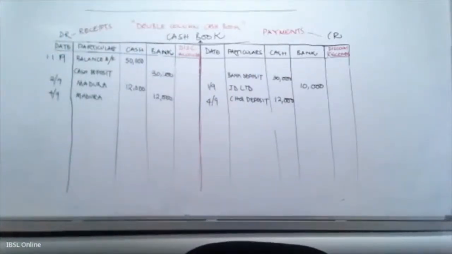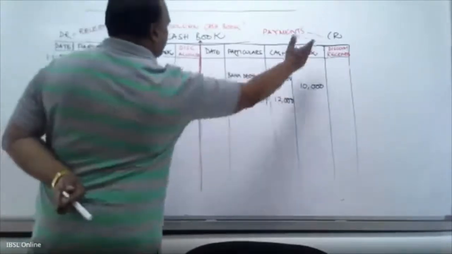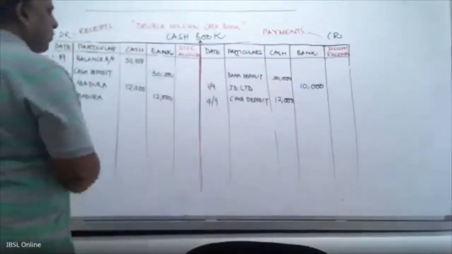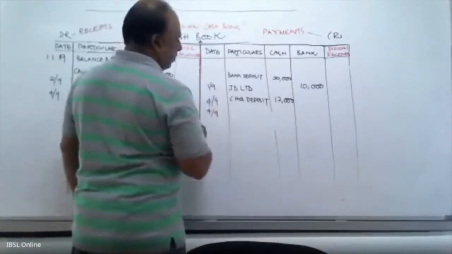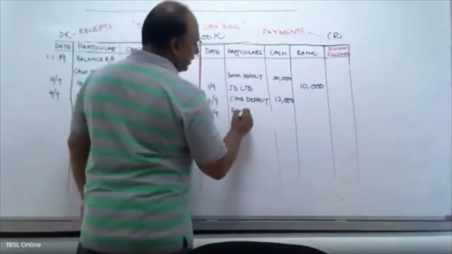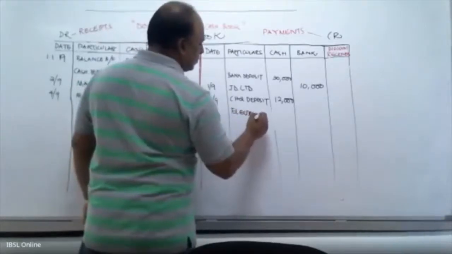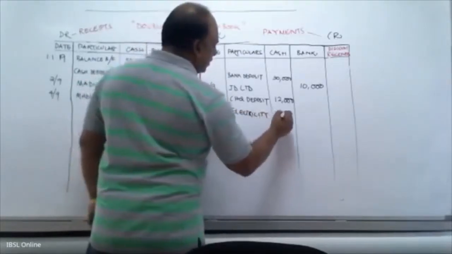What would be the double entry? Payment means you are incurring an expense here. So your debit account would be electricity expenses. And the credit would be where cash is going to go out. So on 4th September, you are going to pay electricity and it is 1,700.